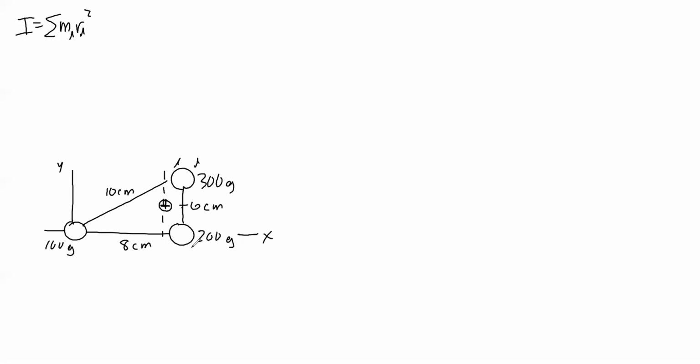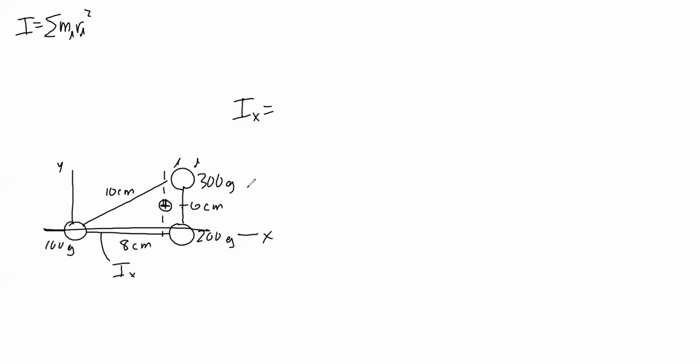What are some examples we can calculate? Well, we can select any one we want. Let's consider the bottom, I sub x. If we consider this axis, let's calculate the moment of inertia around that axis, I sub x. That one's pretty easy. There's no total mass in this definition.